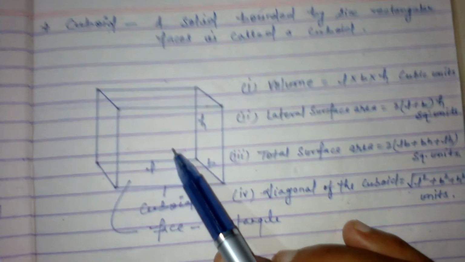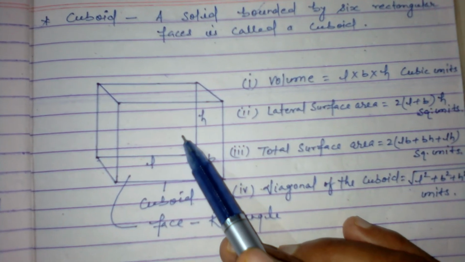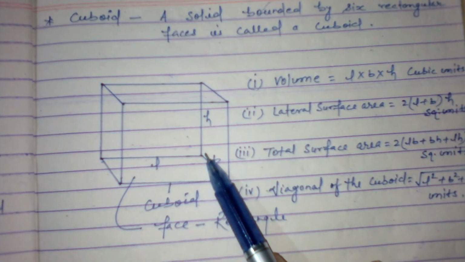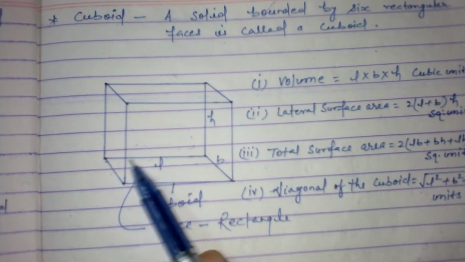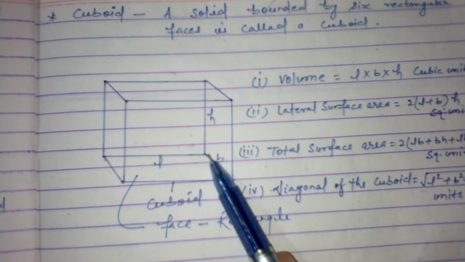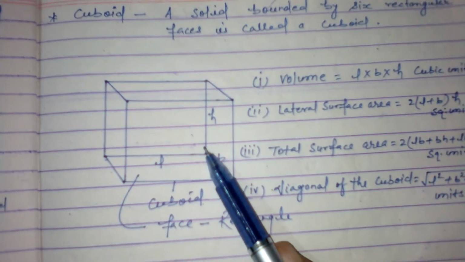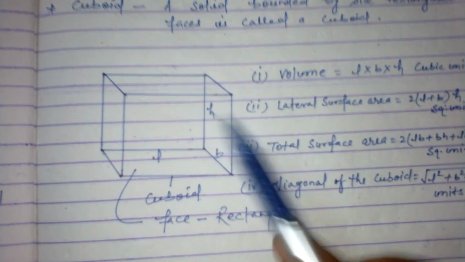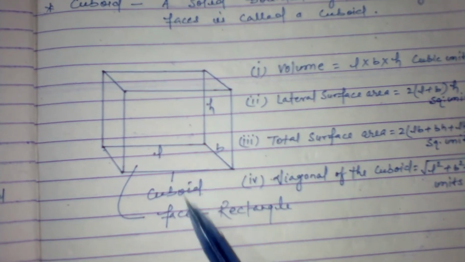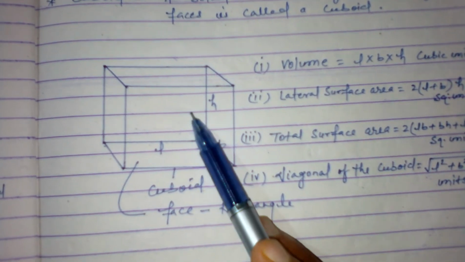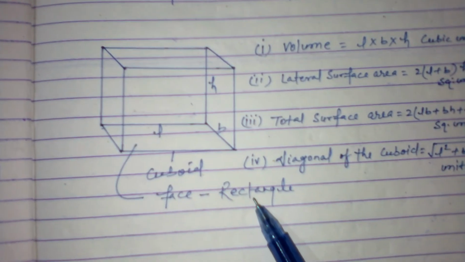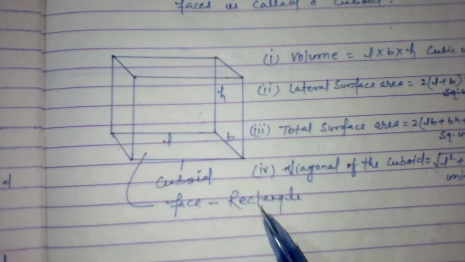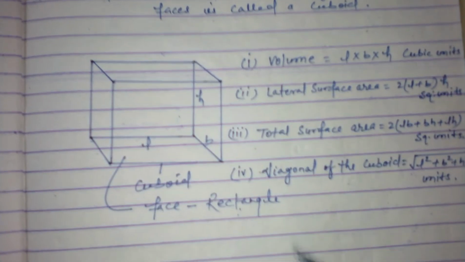It looks like this, in which this one is length, this one is breadth, and this one is height. We can say that the faces of a cuboid are rectangles. Each one of the faces of the cuboid is a rectangle.